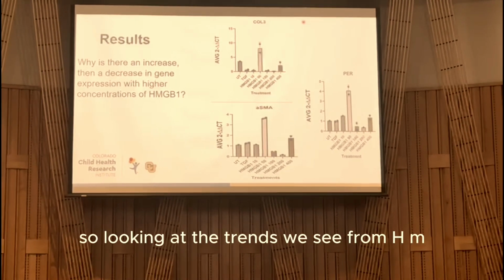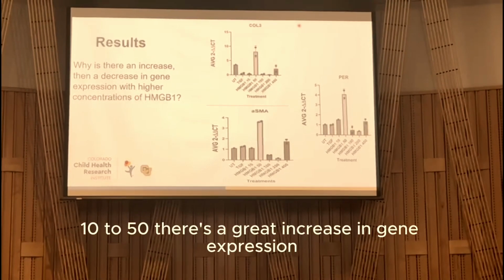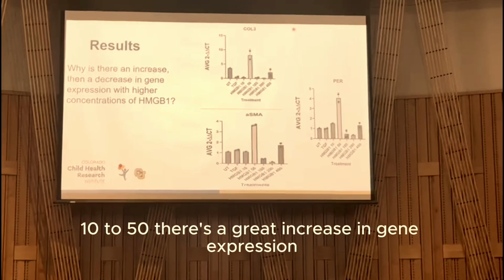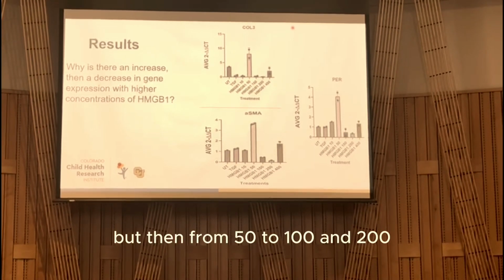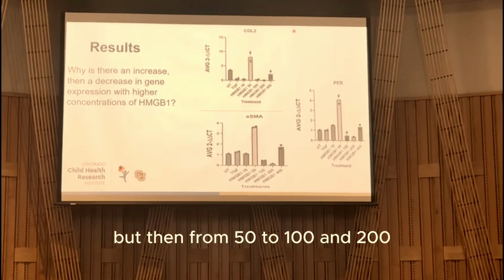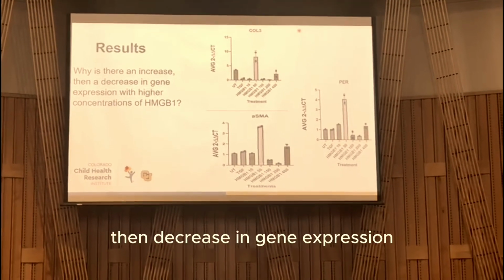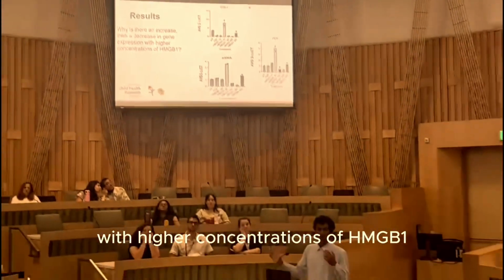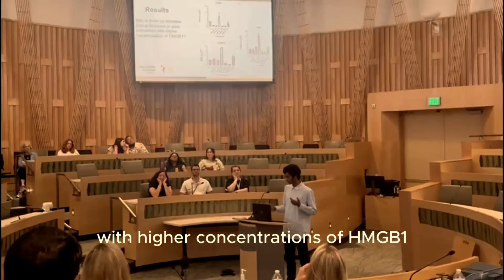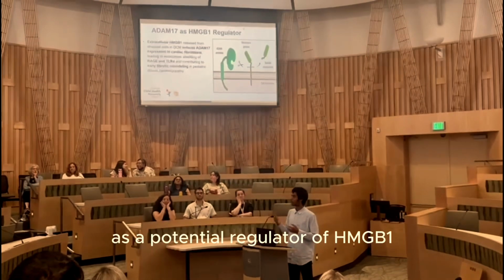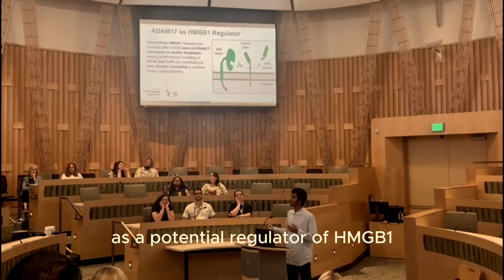So looking at the trends, we see from HMGB1 0 to 50, there's a great increase in gene expression. But then from 50 to 100 and 200, there's a great decrease. So why is there an increase, then a decrease in gene expression with higher concentrations of HMGB1? And this leads us to ADAM17 as a potential regulator of HMGB1.